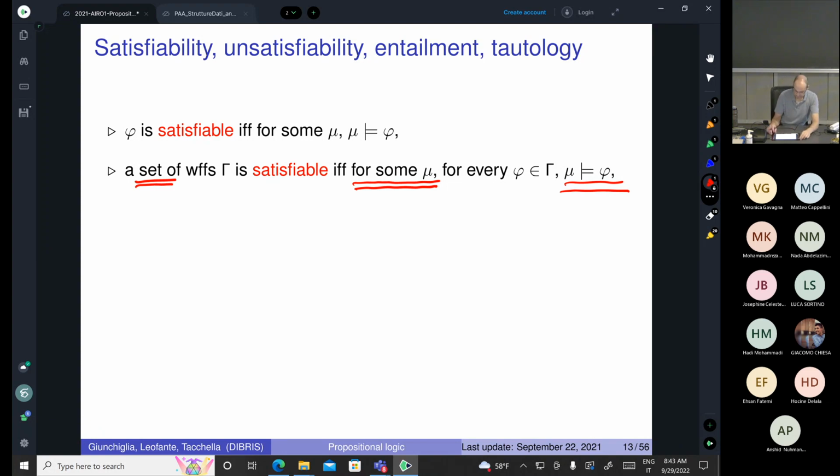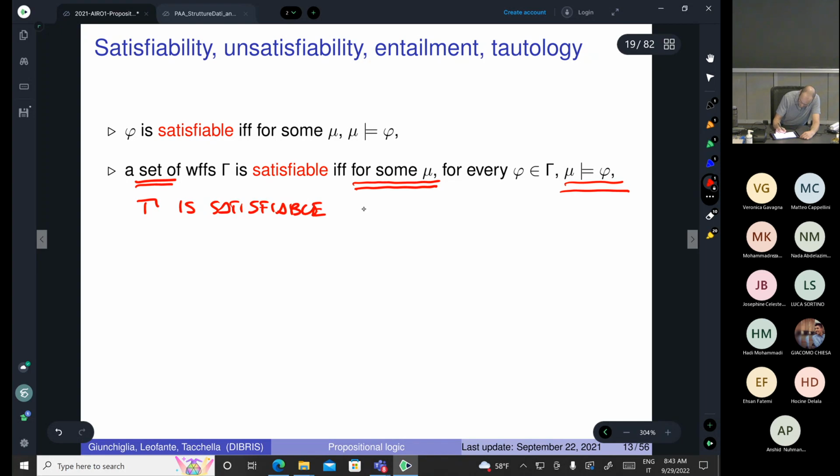In words, gamma is satisfiable if and only if.